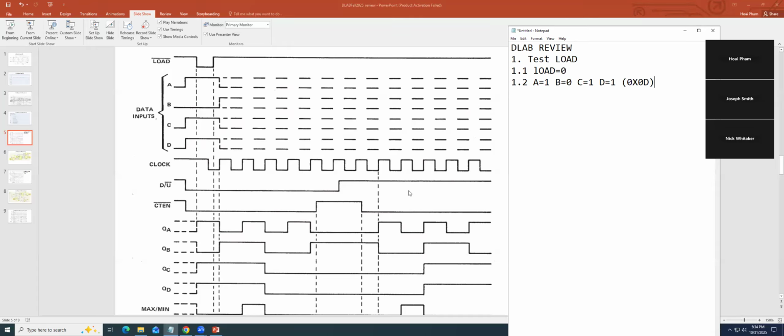1101. Let me see. That's D. Yeah. Okay. So I can follow that one. D equal to 1. C equal 1. D equals 0.